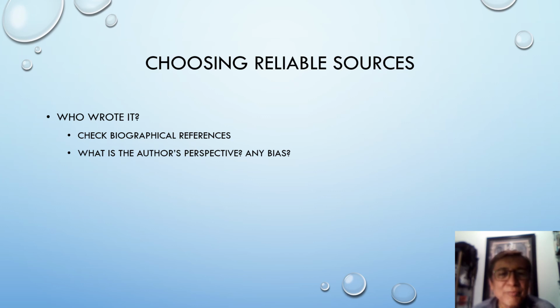Also, you want to find out their perspective because some authors, as you can well imagine, can be biased in their viewpoints, especially if we go into the topic of political science. You can imagine how different authors have different bents or views with their politics. Some are more left and some are more right, or whatever.